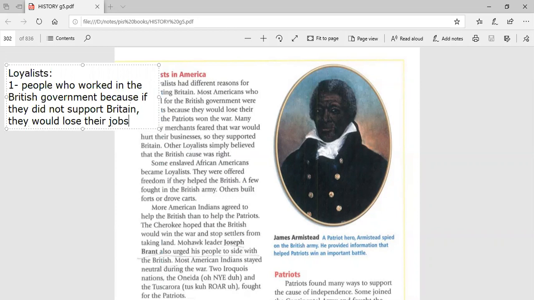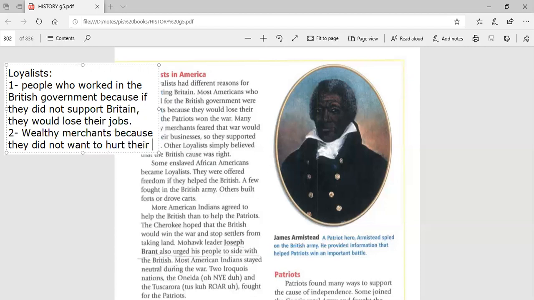Number two, the wealthy merchants supported Britain also, because they didn't want to hurt their business.